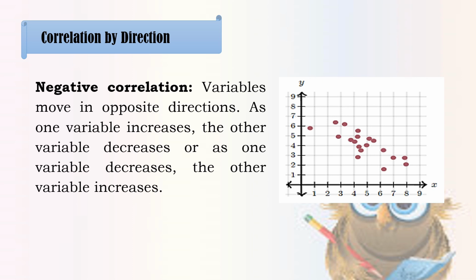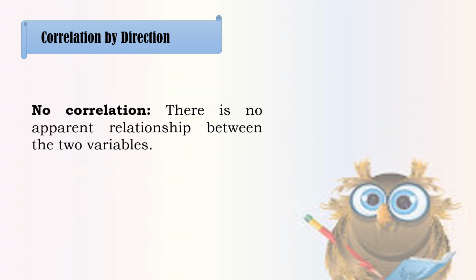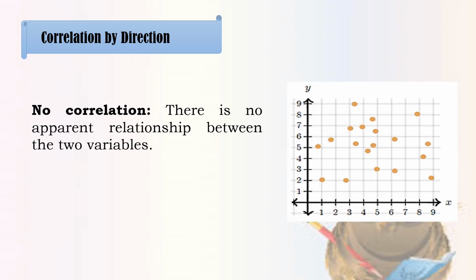Okay, let's move to the next one. Here is the no correlation. There is no correlation if there is no apparent relationship between the two variables. As you can see in this graph, the data is really scattered. So it means it has no correlation.